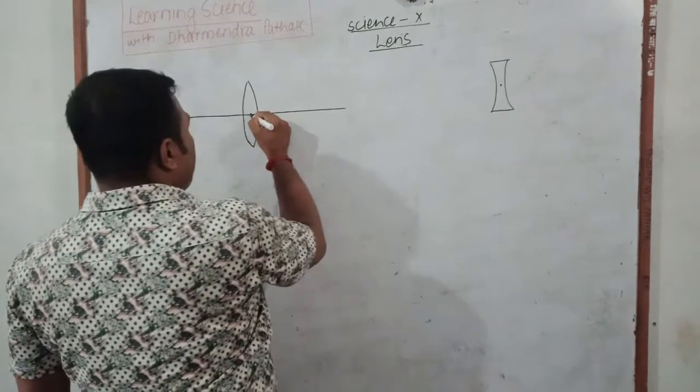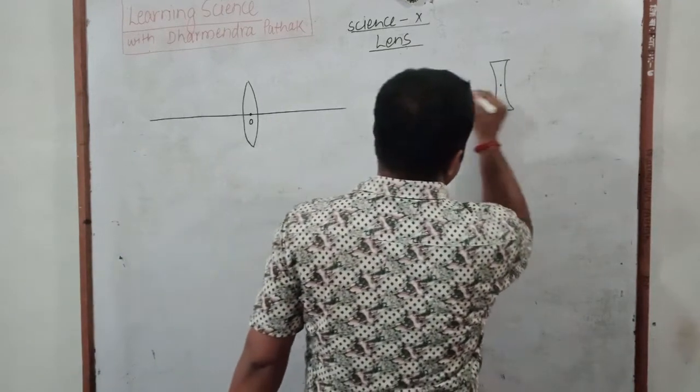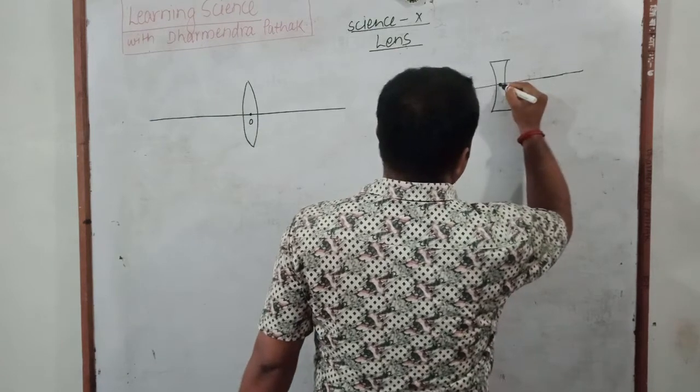The central part of a lens is known as optical center. It is found in both types of lens, convex lens and concave lens.